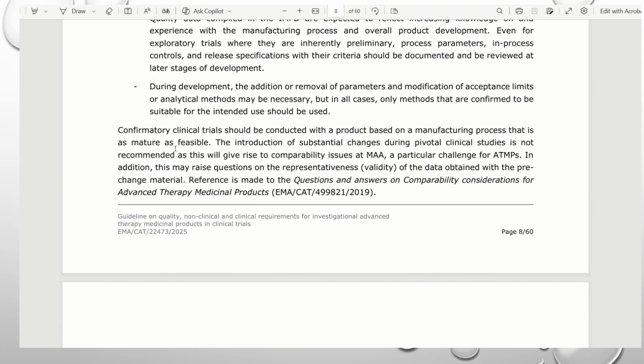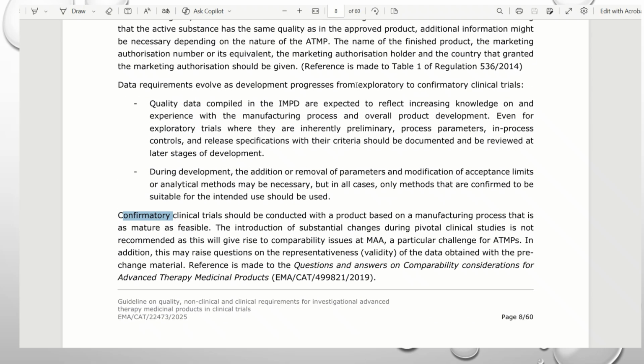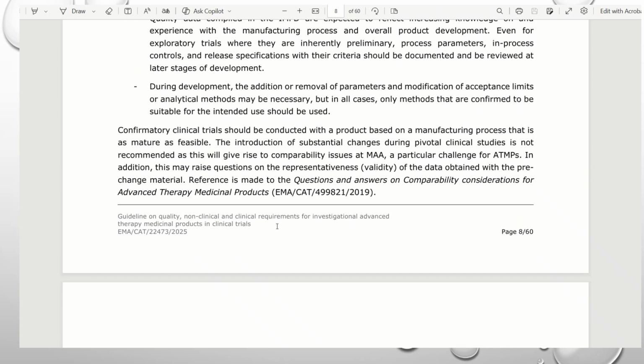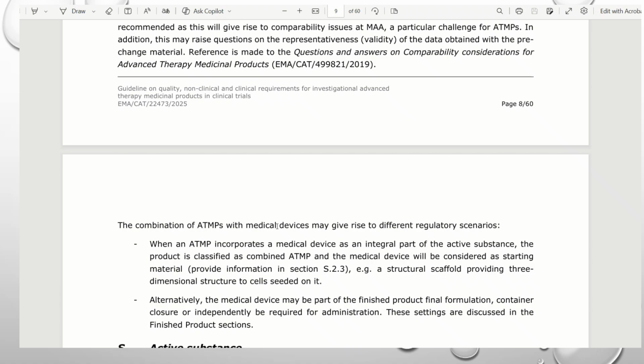So in my opinion, you wouldn't really be doing exploratory studies separately in humans, and this guideline is really for humans. It's clinical trials and clinical use, so that's humans. But anyway, I might have misunderstood that.